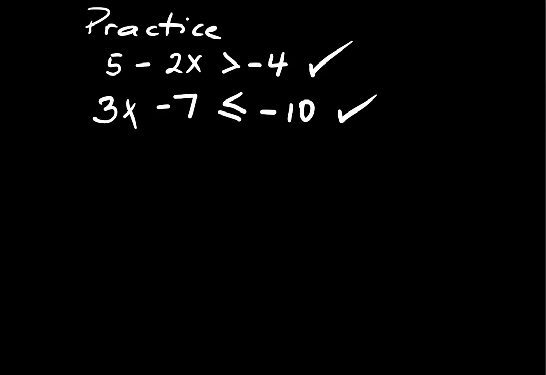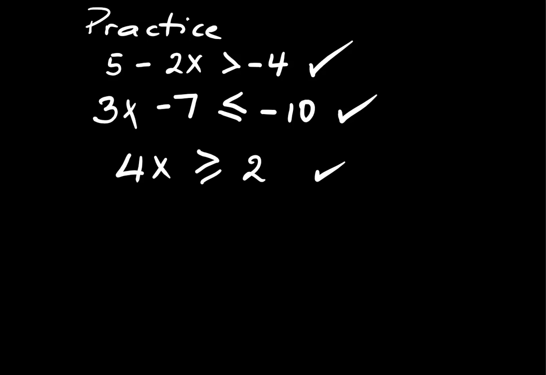When I say 4 times a number is at least 2. If a number is x, 4 times a number is at least 2. Is either 2 or greater than 2, correct? So greater than or equal to 2. This is how we translate this.